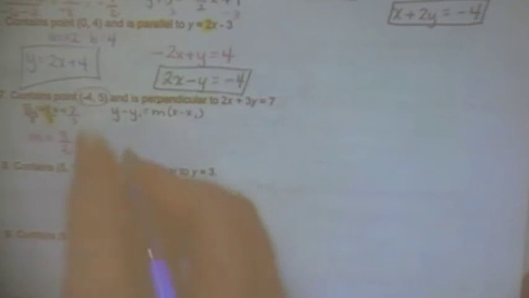And plug it into point-slope form: y minus y1 equals m times (x minus x1). Y minus 5 equals 3/2 times (x minus negative 4).